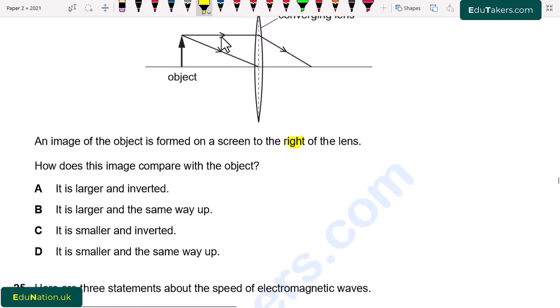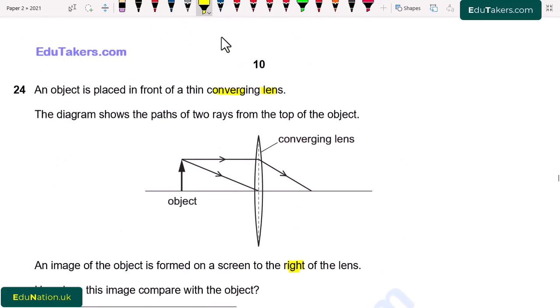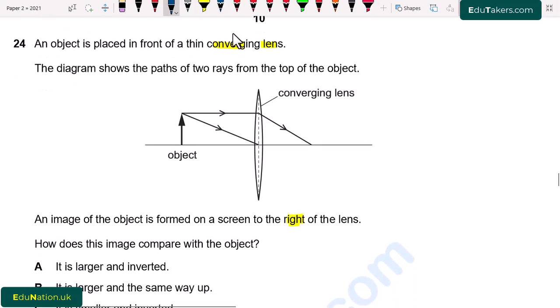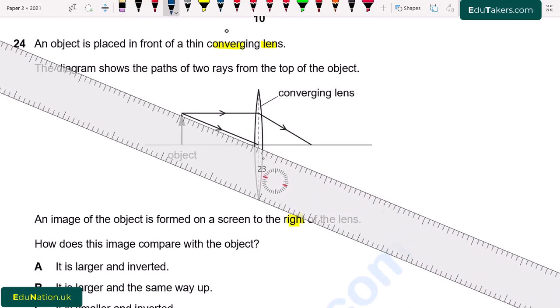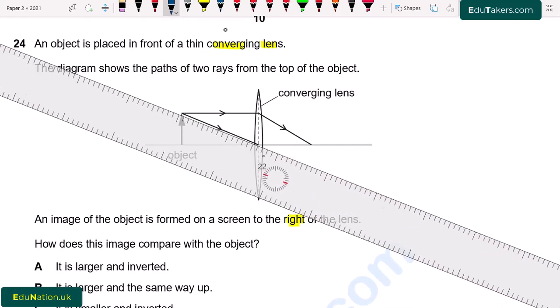So first of all, I complete this diagram and see whether the image is smaller, larger or comparable in size to the object. Now I am going to use the ruler and complete this diagram. I just have to extend these rays to meet them at a point.